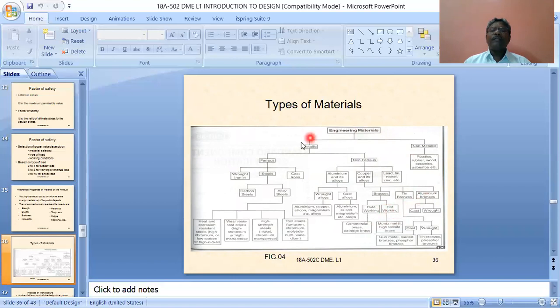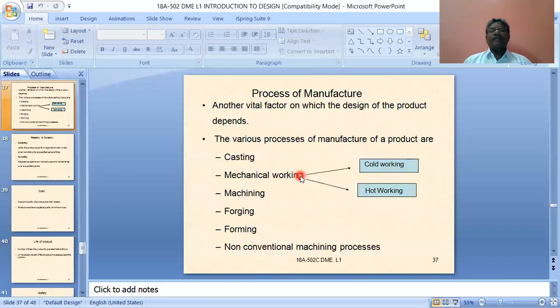These are the different engineering materials, mainly divided into metallics and non-metallics, and metallics are divided into ferrous and non-ferrous.